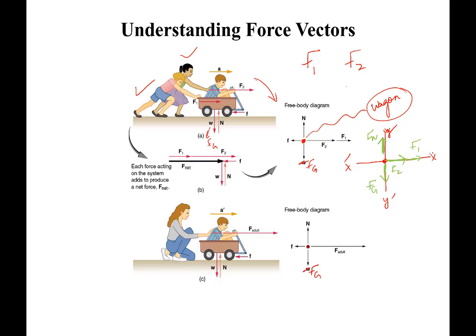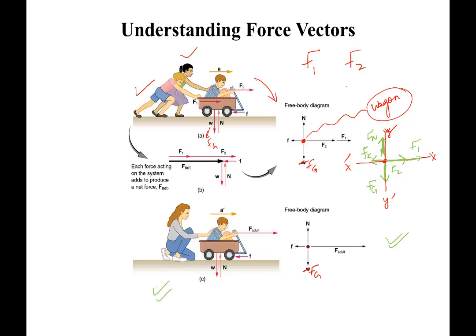The object is not sinking into the earth, it's not accelerating in the vertical direction, it's only accelerating in the horizontal direction, and there is a tiny frictional force also given. Okay, so this will help us create the foundation for solving problems.